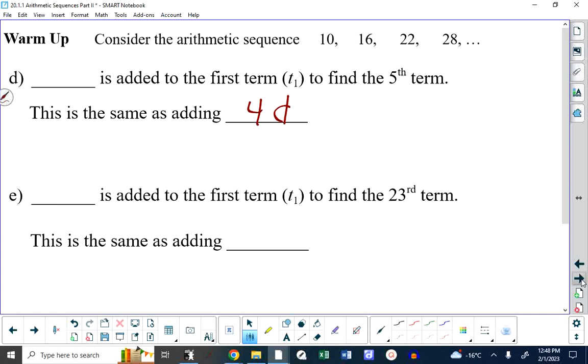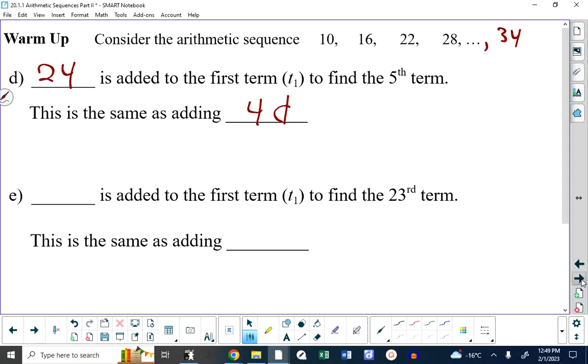That the next term, if I put another 6 on here, would be 34. And to go from 10 to 34, you add 24. So we can put the 24 here, but quite frankly, that 24 is of little interest to me. What's of more interest to me is 4 common differences.